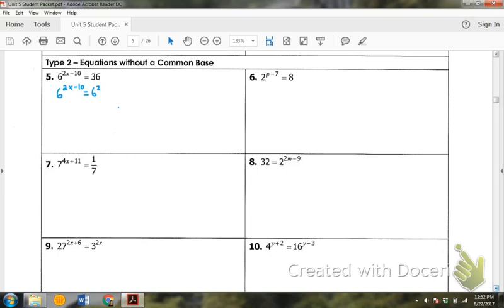So now my bases are the same. So what am I allowed to do now? What did you say, Cedric? Oh, what would you do now, Cedric? Good. We're going to drop the bases. And then I have 2x minus 10 equals 2. This might be jumping the gun, but this is cakewalk.